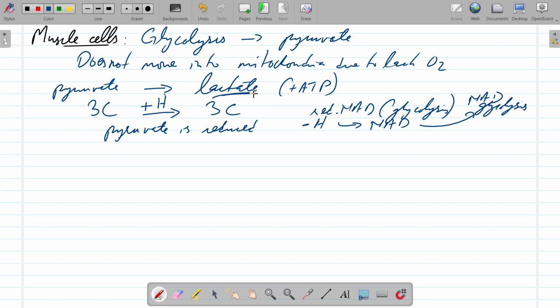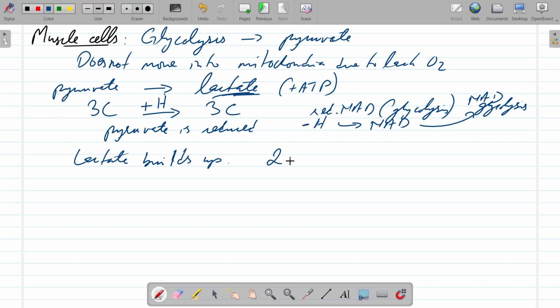Now the lactate is accumulated. As long as there's the lack of oxygen and oxygen debt, the lactate builds up. And the only source of ATP is glycolysis, the first step.